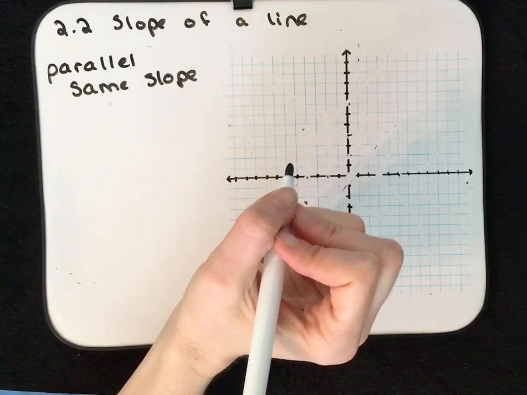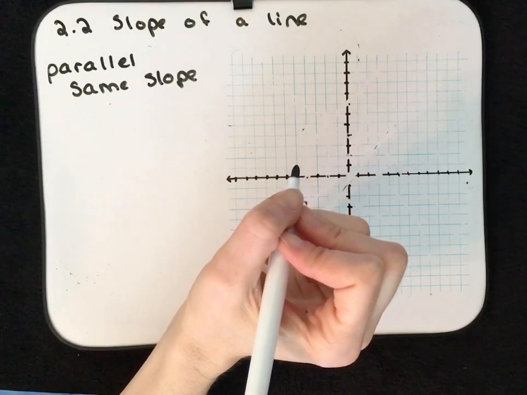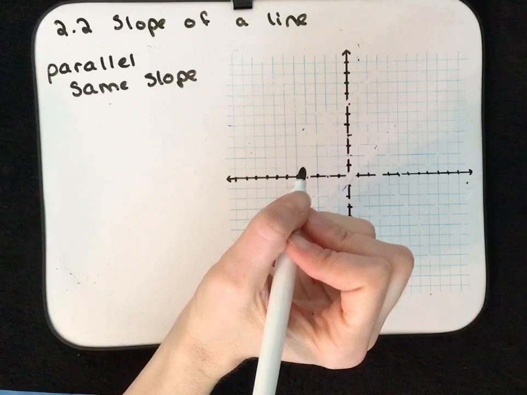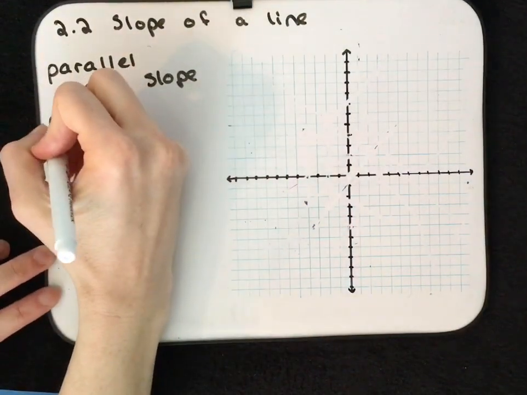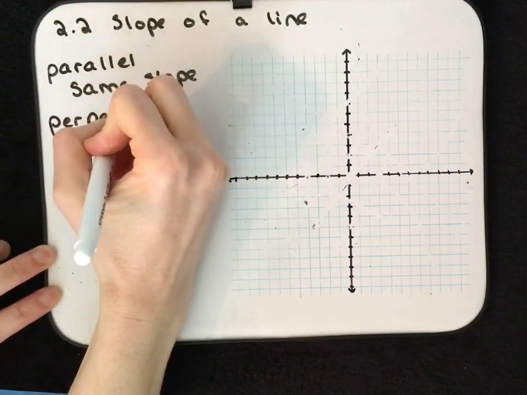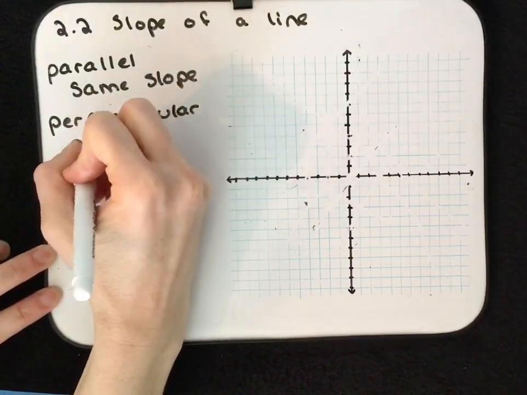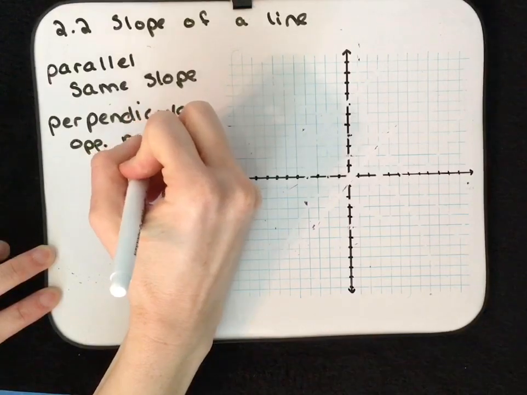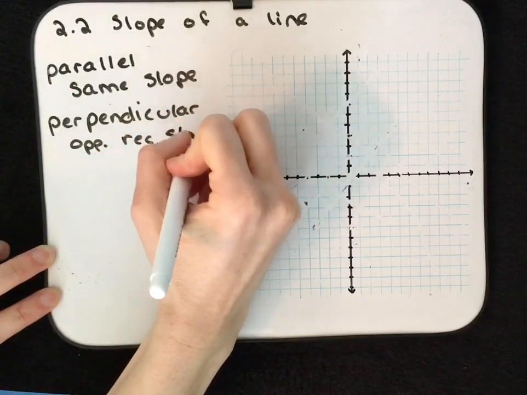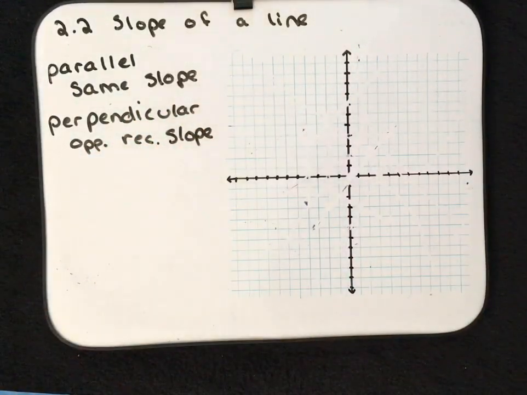If you're looking for lines that are perpendicular, that means that you have an opposite reciprocal slope. Let me show you an example. So parallel slope, that means that they have the same slope. Same slope means that the same m value is going to be used in both cases.